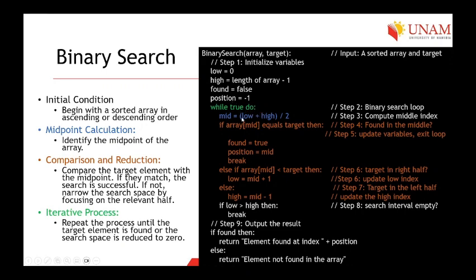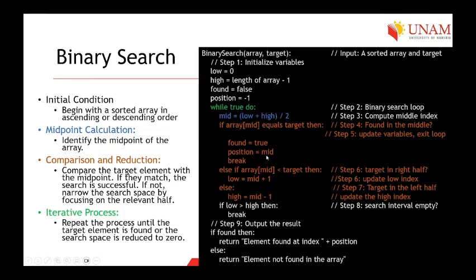What you should do, which is the actual binary search now, is compute the middle element and compare what is in the middle to the target. If it is equal, then set found to true, set the position to middle, and then you get out of the while loop.